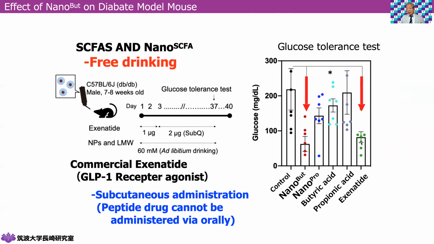This is the same as or better than commercially available exenatide, which is administered by subcutaneous injection. Nanopropionic acid works to some extent, but butyric acid is better. Butyric acid, propionic acid did not work at all like this.